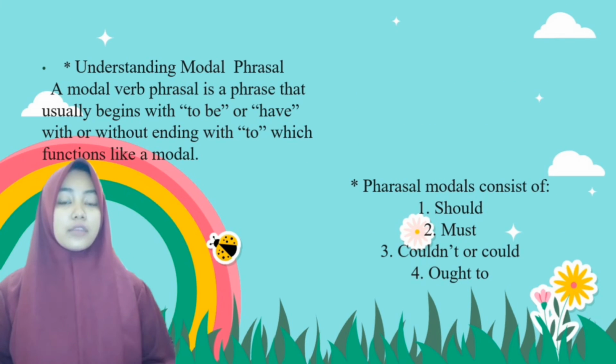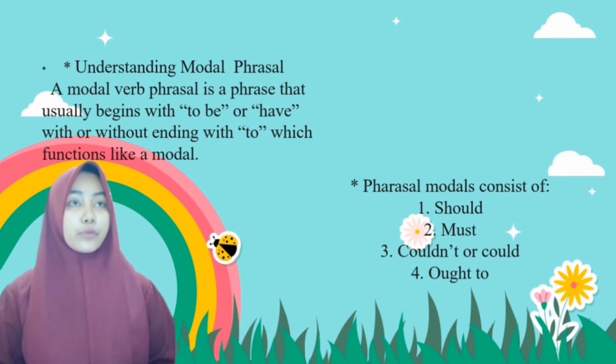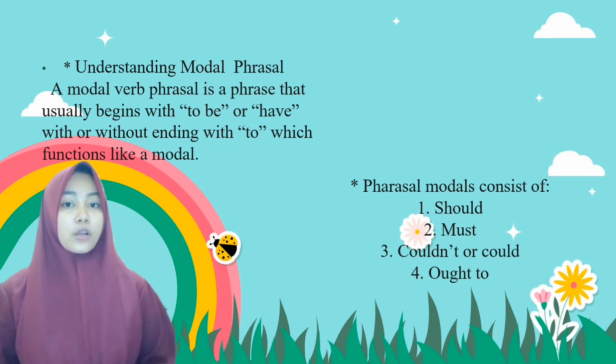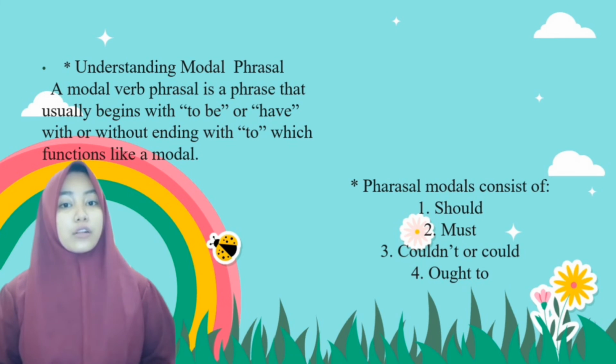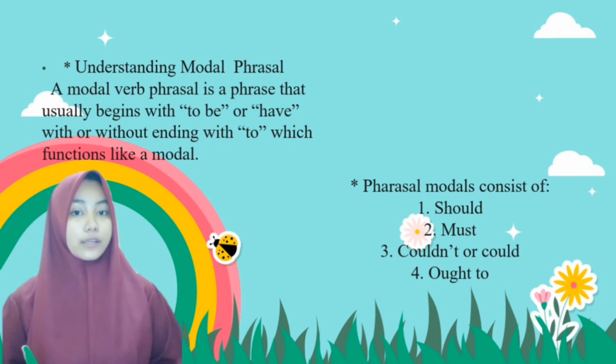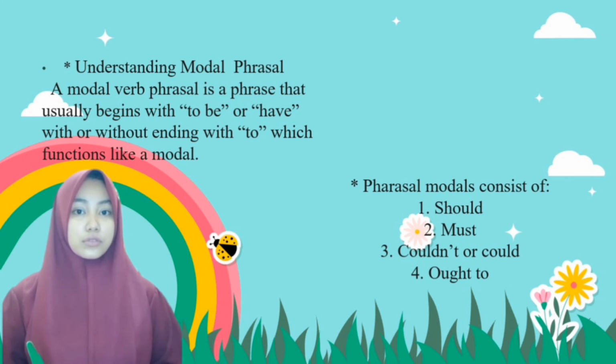Understanding phrasal modal verbs. A phrasal modal verb is a phrase that usually begins with to be or have, with or without ending with to, which functions like a modal. Phrasal modals consist of: 1. Should, 2. Must, 3.